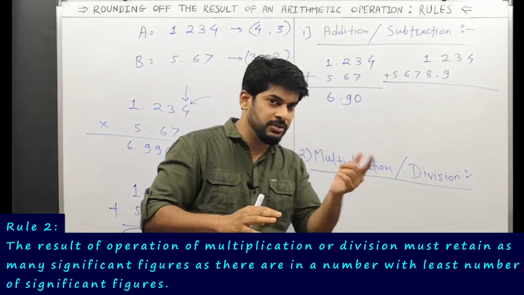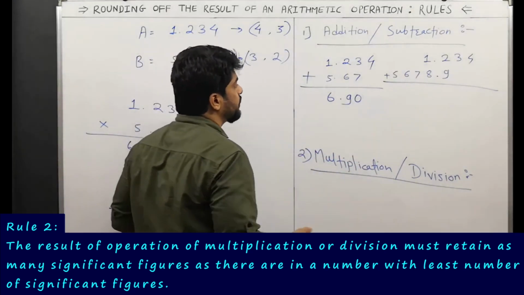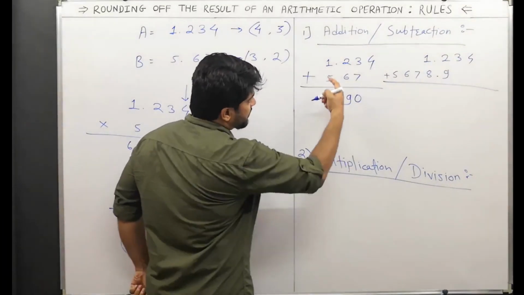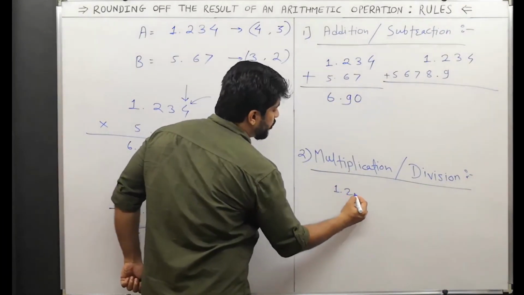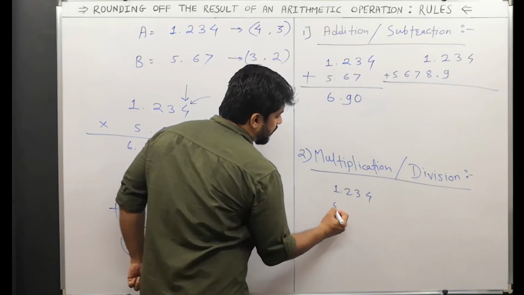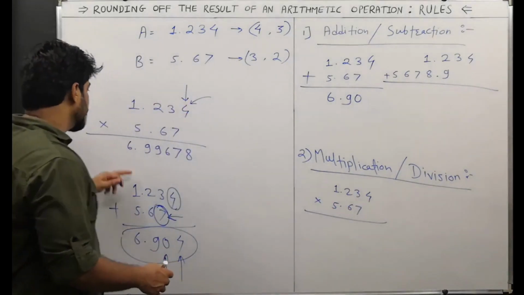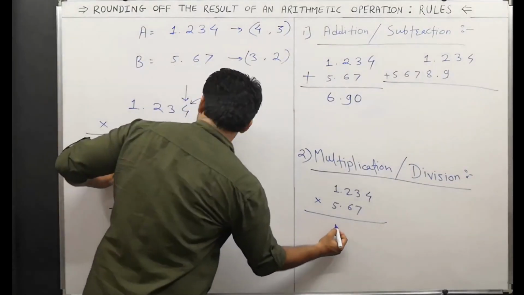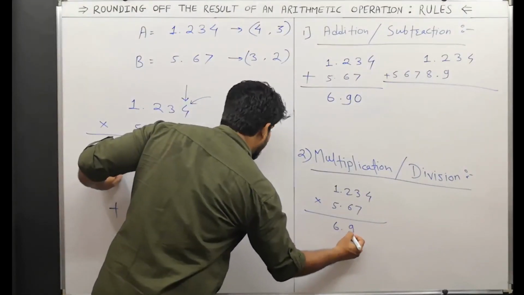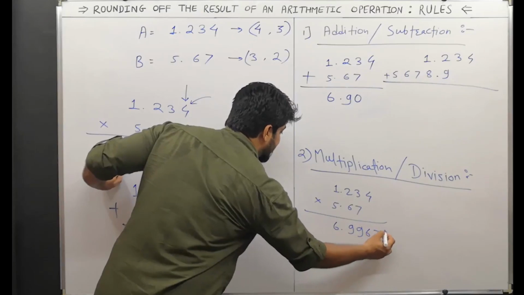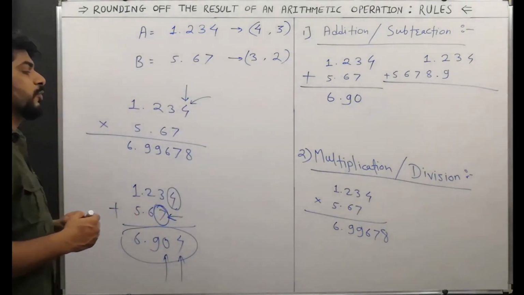So what do I mean by this? The answer is pretty clear. Let's take the same example, 1.234 multiplied by 5.67. We already know the answer here, so it is 6.99678.